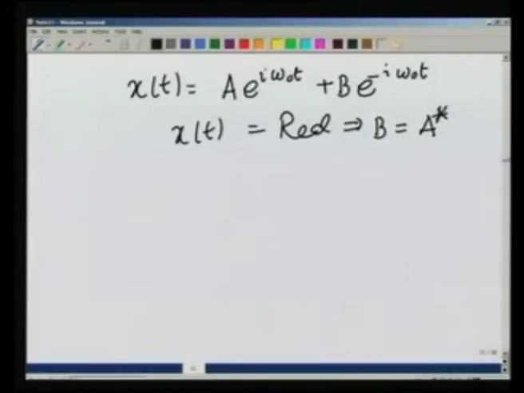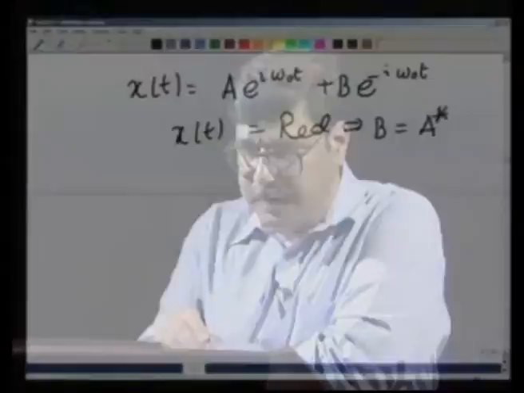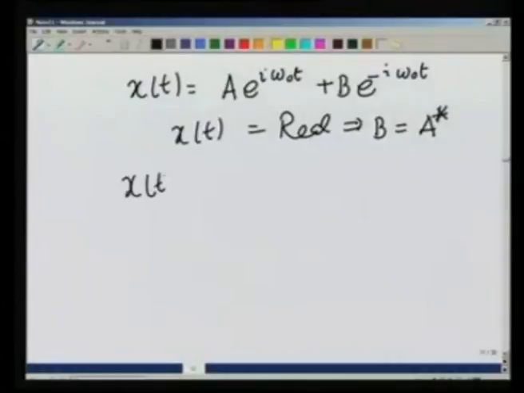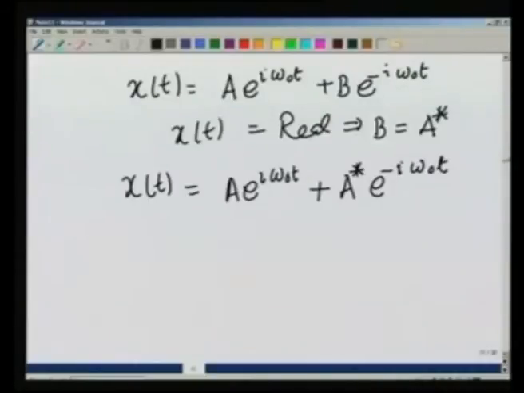So in general, a is complex, but for x(t) to be real, I should have the solution of the form a e raised to i omega 0 t plus a star, where a star is the complex conjugate of a, e raised to minus i omega 0 t. That is the general solution.